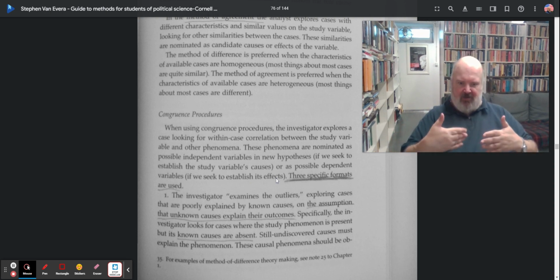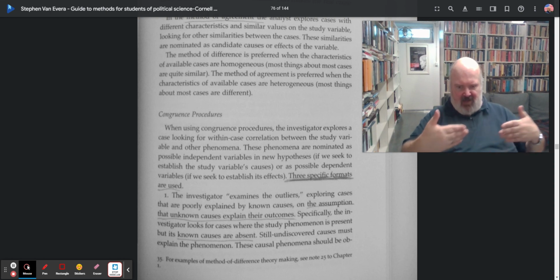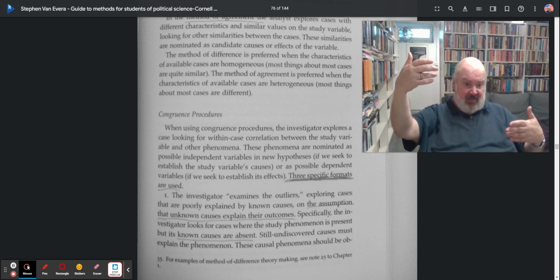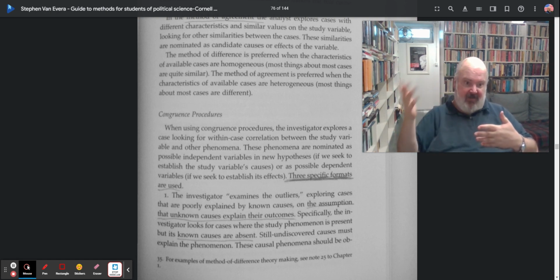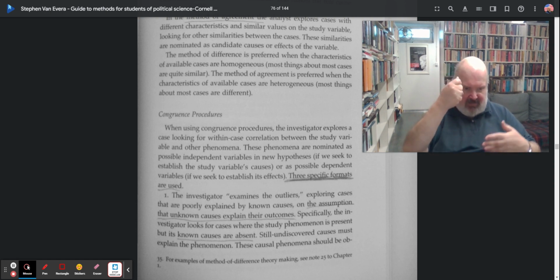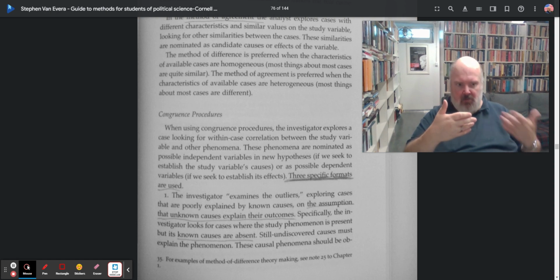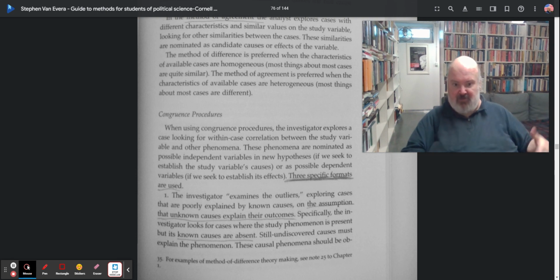So we explore within-case correlations between the study variable and other phenomena, and we're trying to decide what is causing it, or what it does. If the study variable is a dependent variable, then you're trying to find the independent variable. If you're looking at what this does, what this causes, then you're looking for possible causal dependent variables, right?